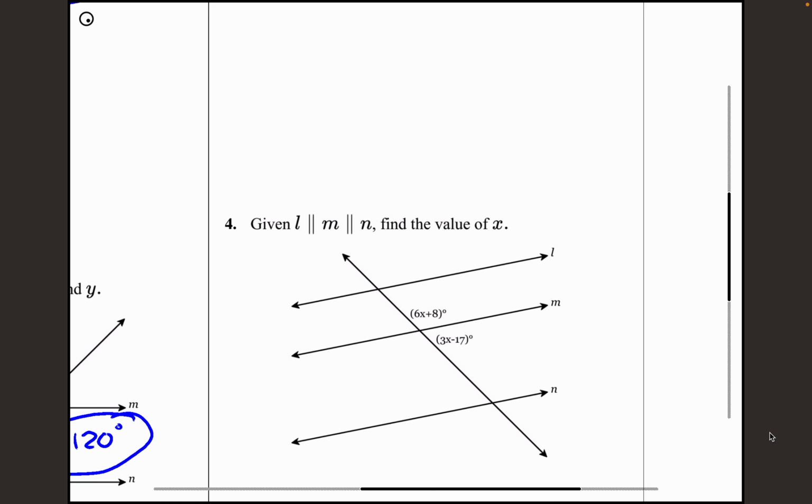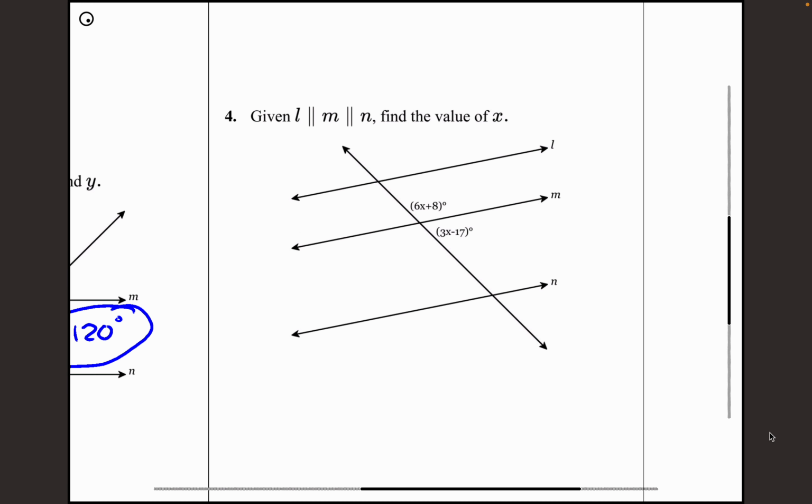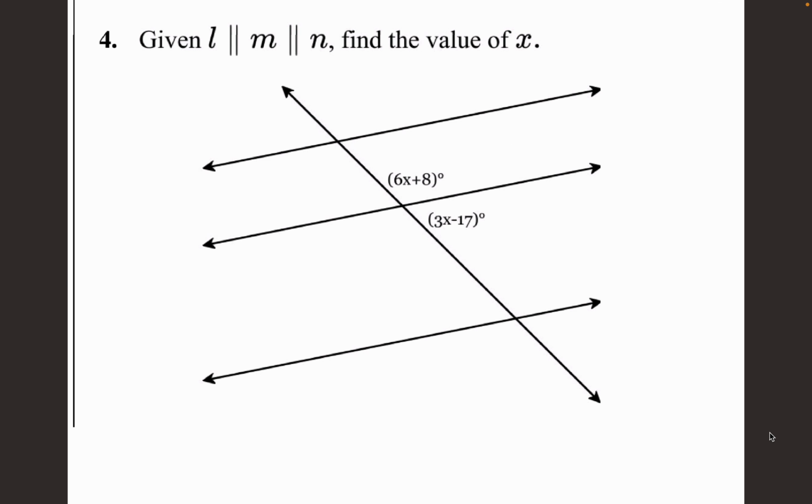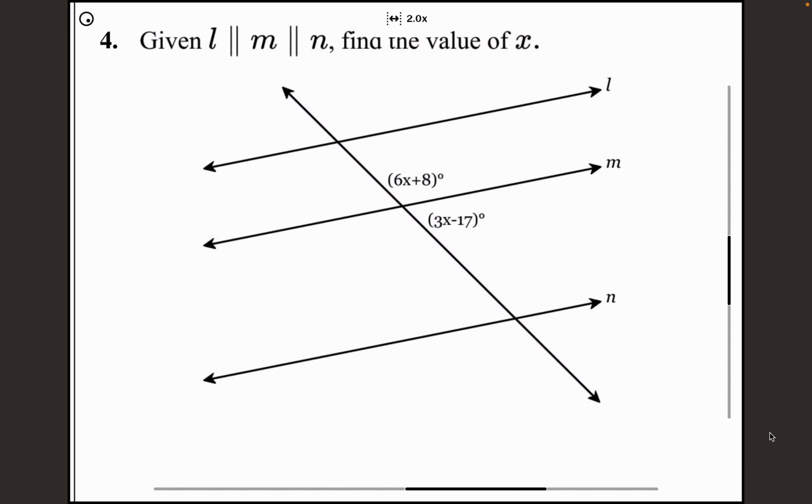All right, let's look at this one, okay? This one, we got to pay attention. It says L is parallel to M, which is also parallel to N. Okay? What are we going to do here? What do you think?